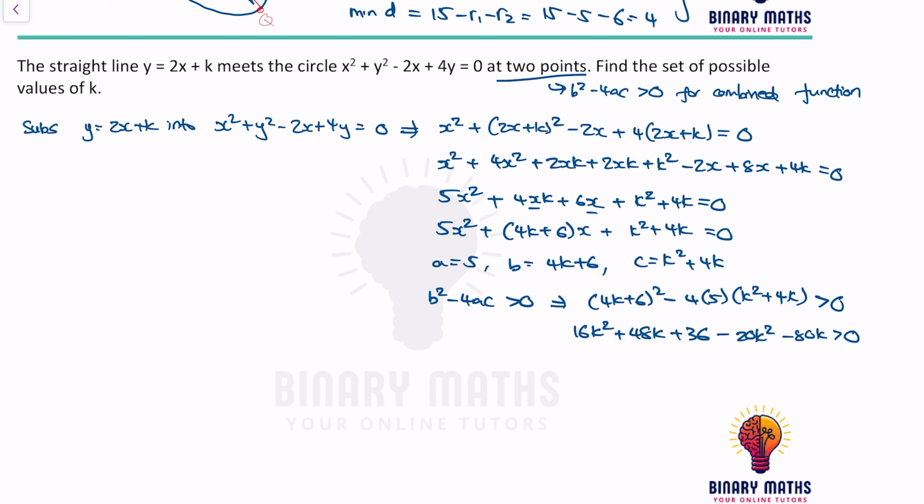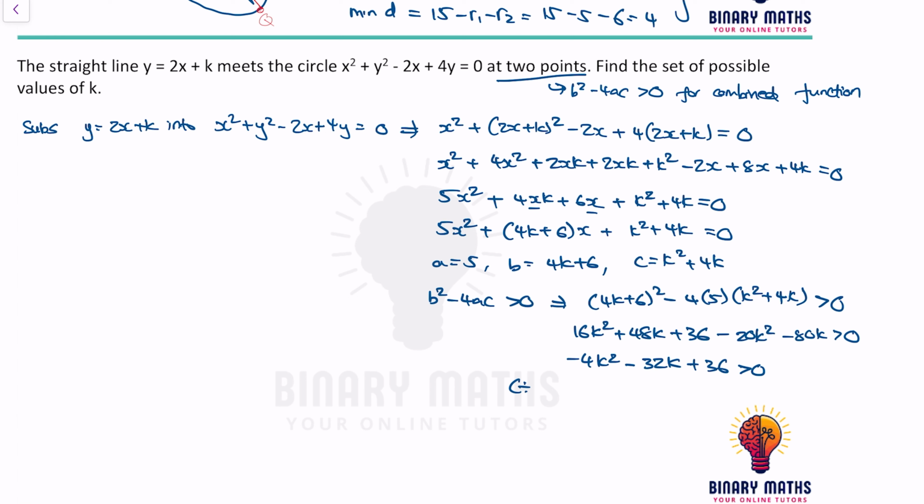If I simplify this, I get negative 4k squared from 16k squared take away 20k squared. 48k take away 80k gives me negative 32k, plus 36 is greater than 0.